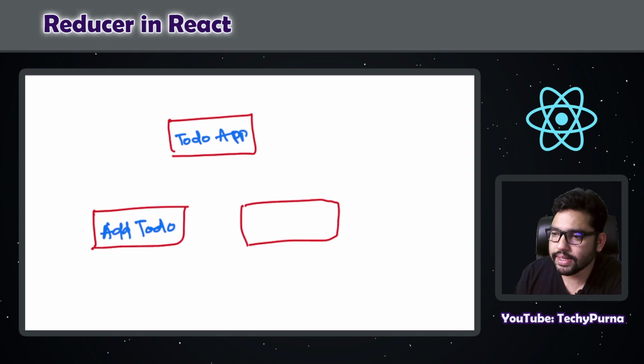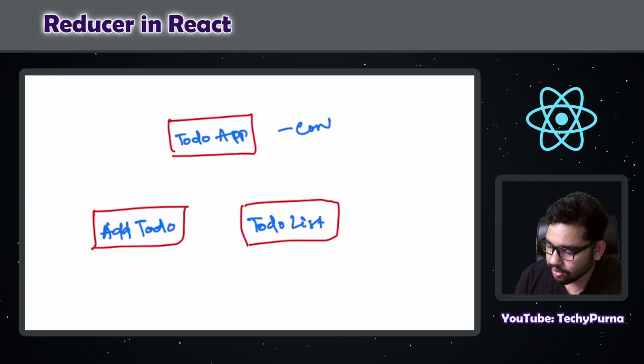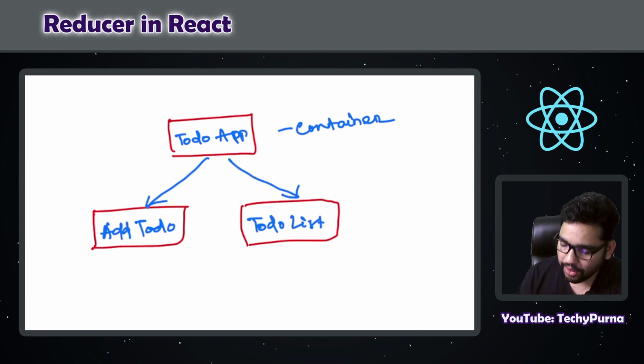The third component is to-do list. So this will work like a container here, and under this I will call this component.